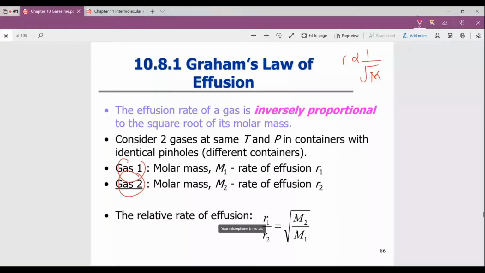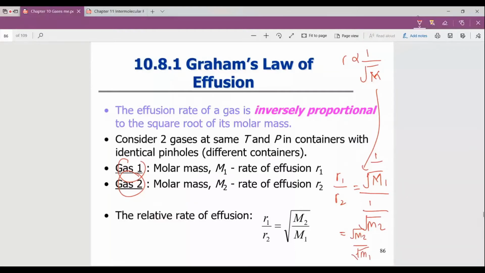Thus, we can write R1 over R2 equal to (1 over square root of M1) over (1 over square root of M2). Then we divide, so we get the square root of M2 over the square root of M1 for R1 over R2. That's how we get this formula.